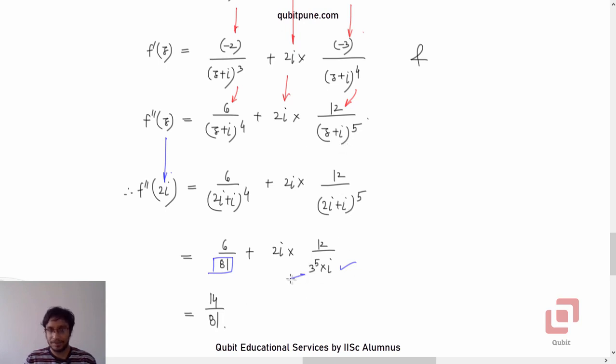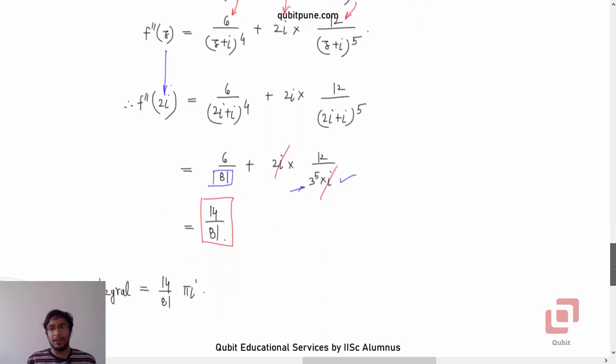Yes. And then you can cancel i and get the value as 6 upon 81 plus 24 upon 3 to the power 5, which turns out to be 14 upon 81. So surprisingly the second derivative's value turns out to be 14 by 81.